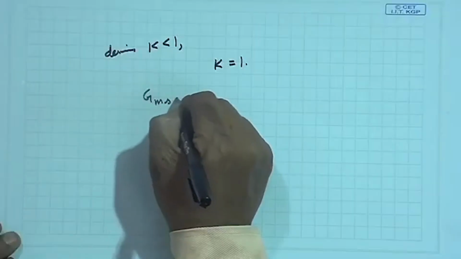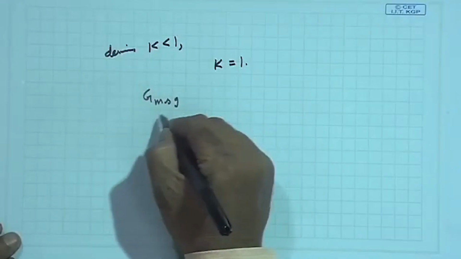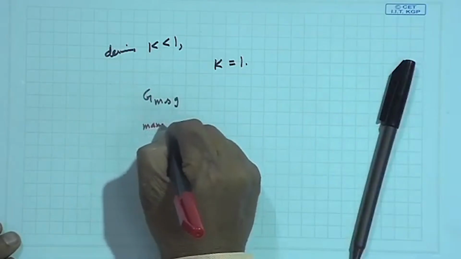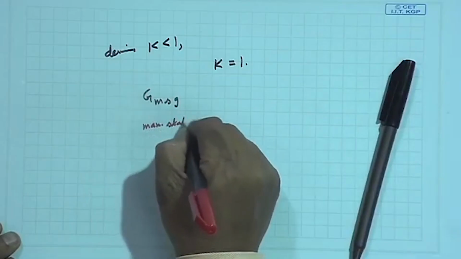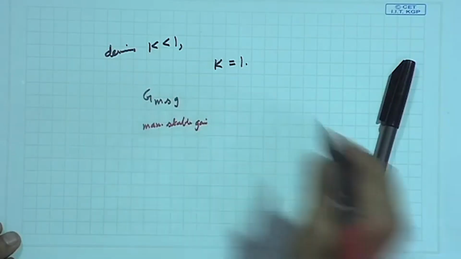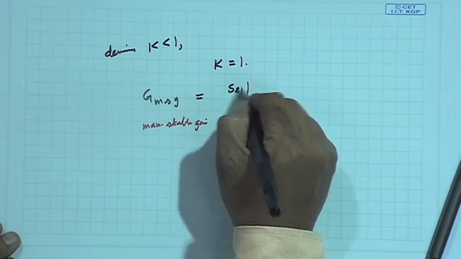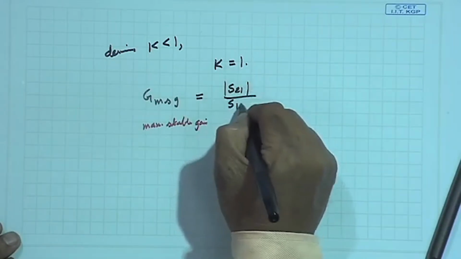That is called the maximum stable gain, and it is given simply by S21 by S12.